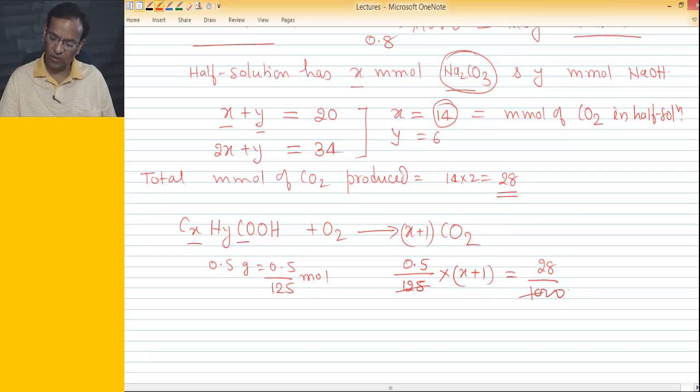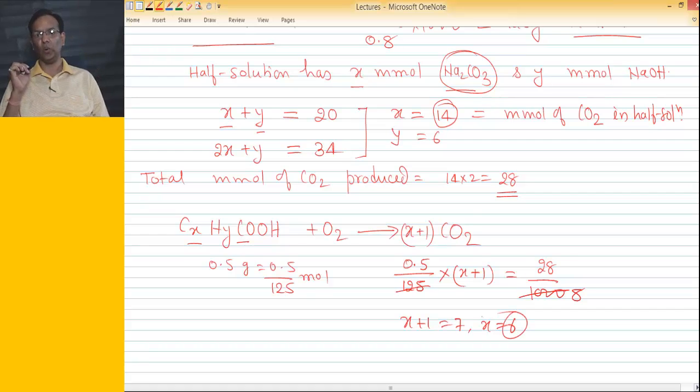So 125 into 8 is 1000. So 8 into 0.5 is 4, and 4 into X plus 1 is 28, so X plus 1 is 7, so X is 6. So X is now known, X is 6.